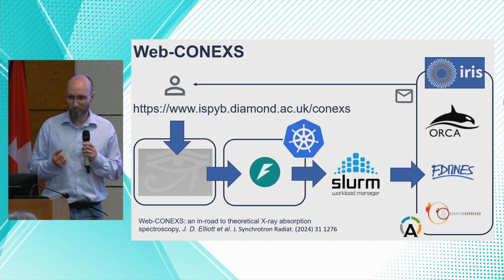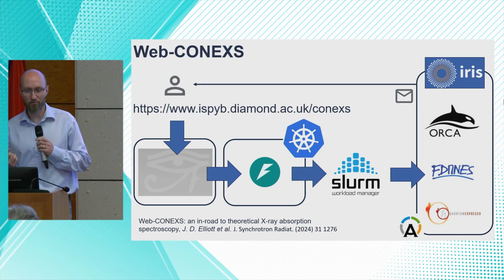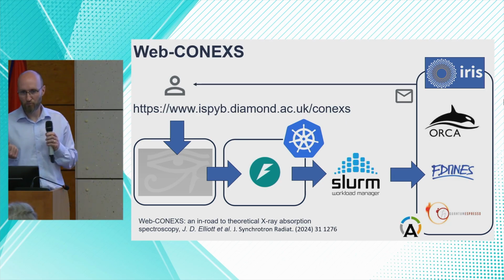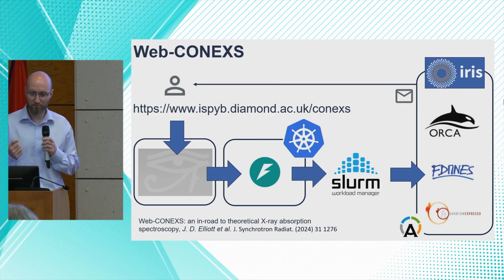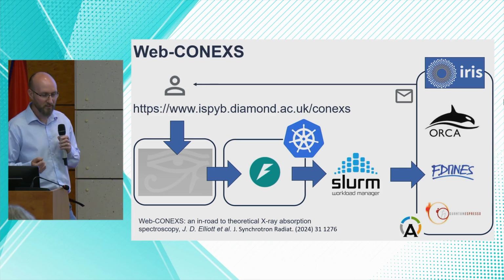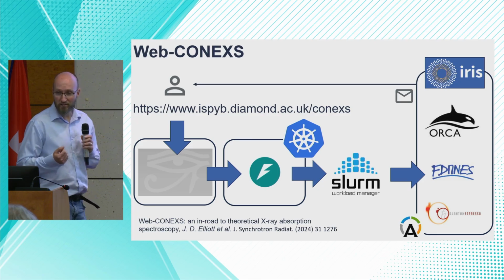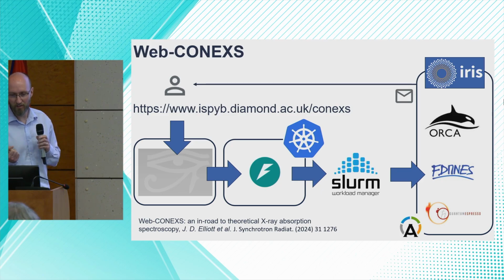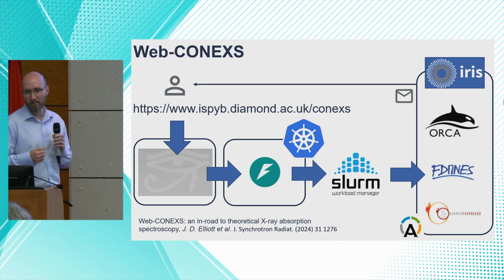The information management team were kind enough to say we can have our own form as part of the ISPyB page that we could use to let users populate the information they need to build the input files to run these simulations. Then all we had to do was build a little FastAPI backend that we deployed on Kubernetes that took these input files and sent them to Slurm.